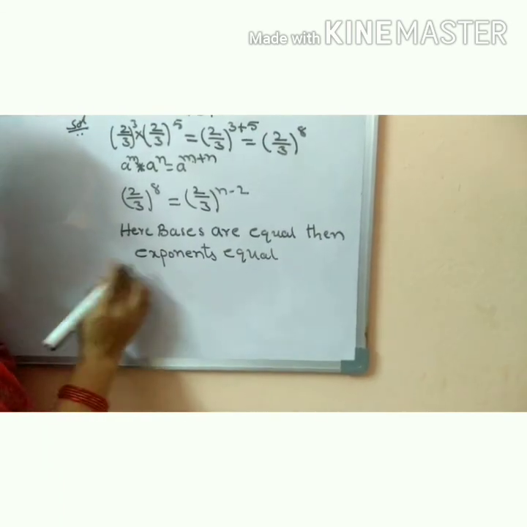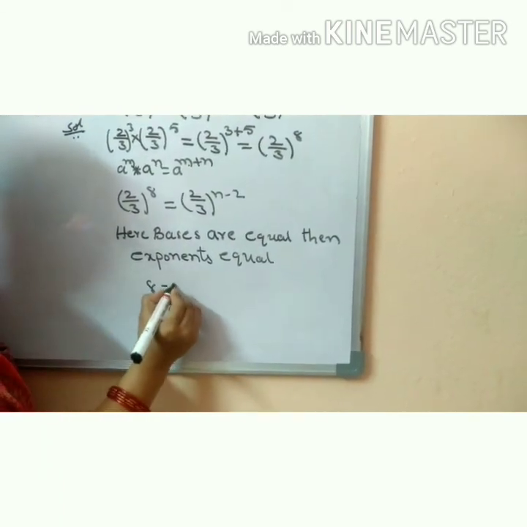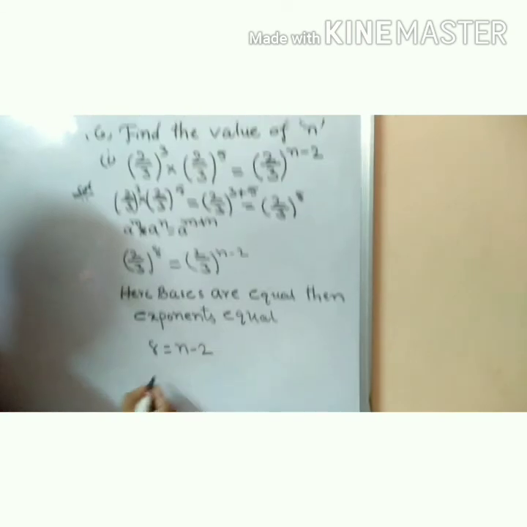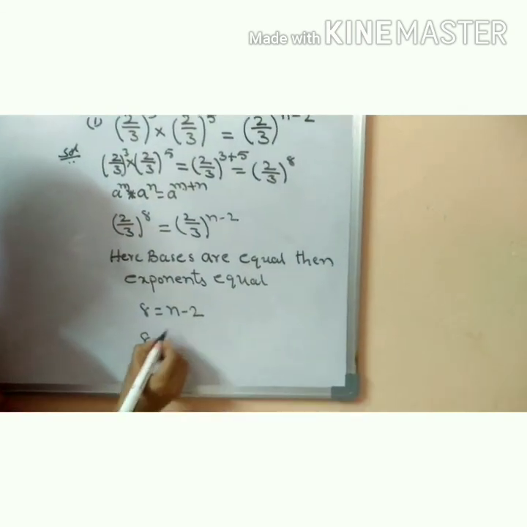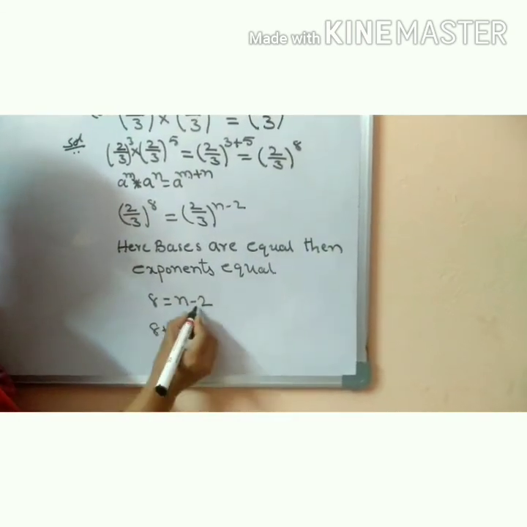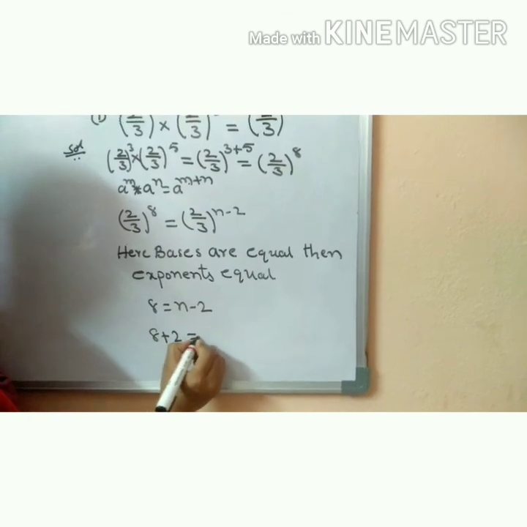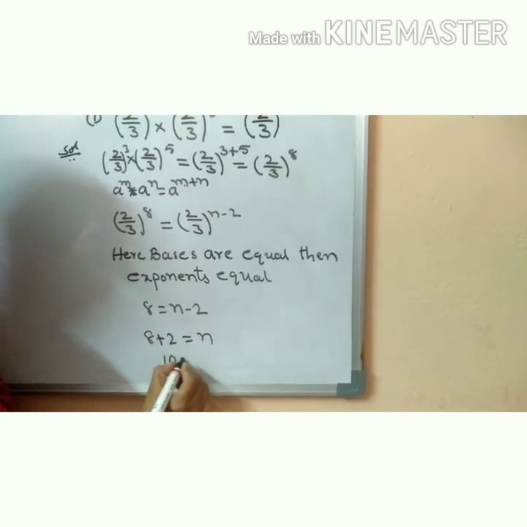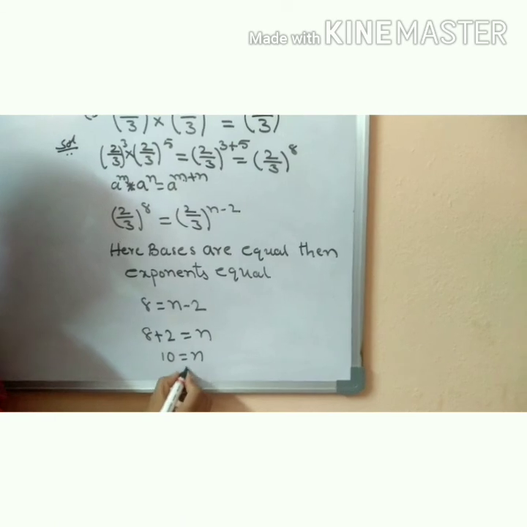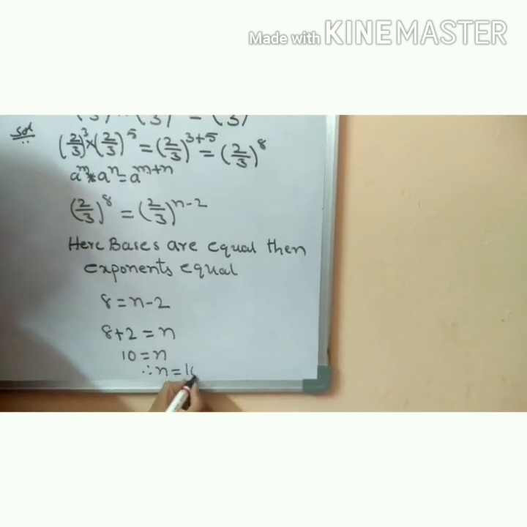Okay children, did you understand? So here 8 is equal to n minus 2. So here n, the positive quantity becomes negative and negative becomes positive. So the value of n is n equal to 10.